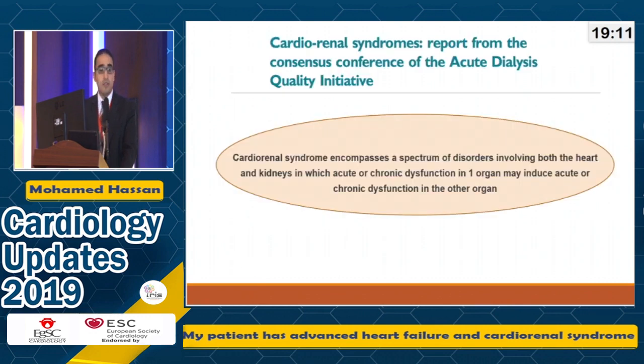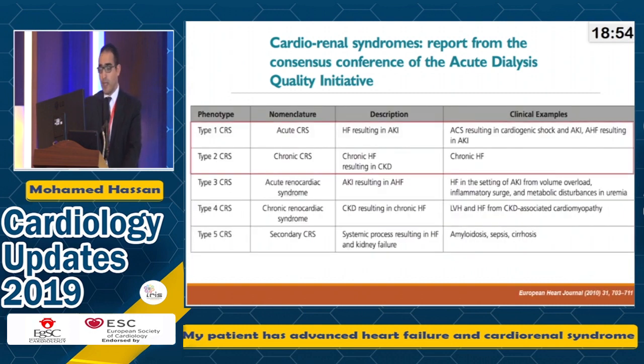We know that the interaction between the heart and kidney is bidirectional, and cardiorenal syndromes include disorders that involve both heart and kidneys, in which acute or chronic dysfunction in one organ may induce acute or chronic injury in the other organ. And we know that we have 5 types of cardiorenal syndromes.